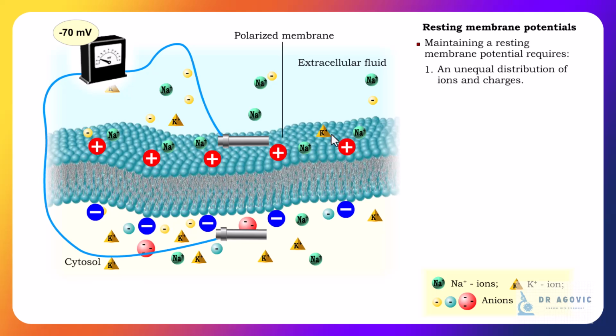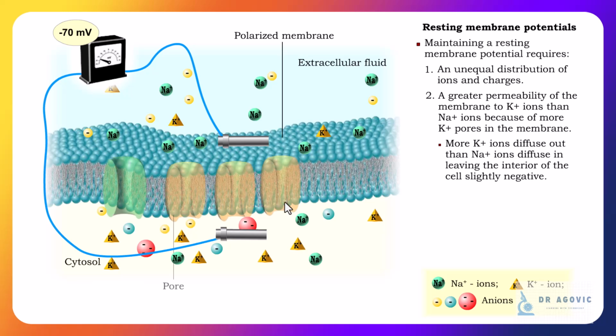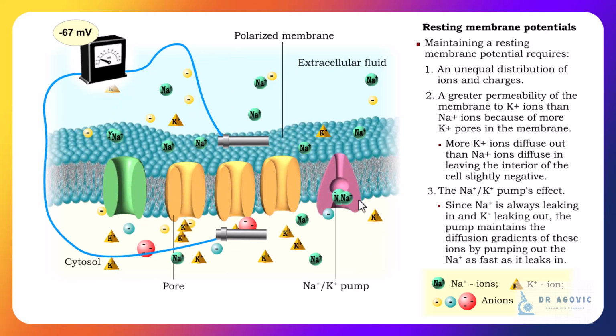The resting membrane potential is maintained by an unequal distribution of ions across the membrane. Second, a greater permeability of the membrane to potassium ions than sodium ions because of the presence of a greater number of potassium pores. This results in more positive ions leaving the cytosol and making the inside slightly more negative.